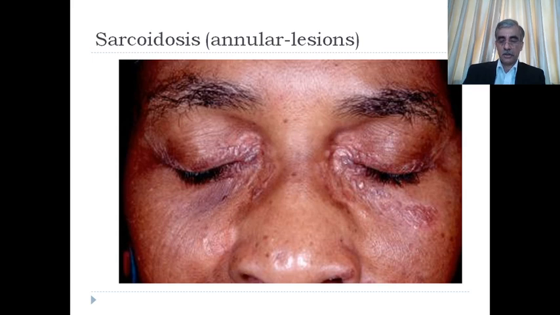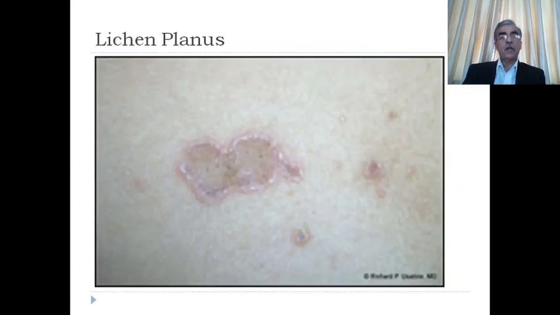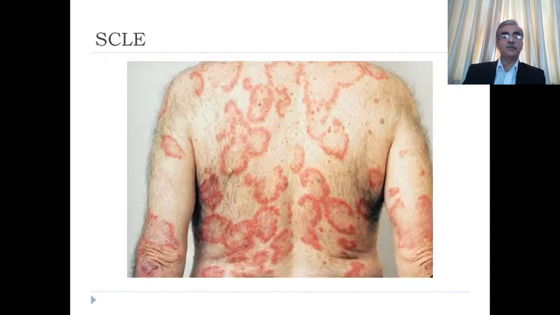So this is again a differentiating point. Then lichen planus, in which purple-colored annular lesions can be seen. Again, there is minimal scaling or epidermal change, so more dermal involvement is there. The color is purple, so we have to differentiate it again from Tinea corporis.